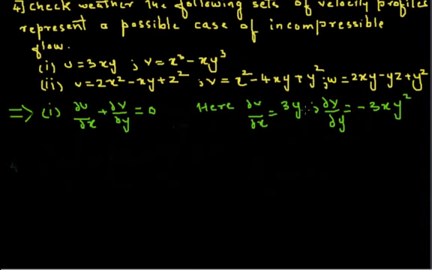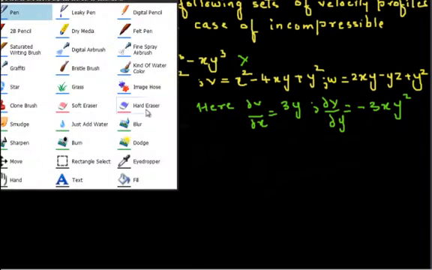So putting these values in this equation, we would get 3y minus 3xy square, and that definitely is not equal to 0, and therefore the velocity components of the first set do not represent a possible case of incompressible flow. So I will put a cross here. These do not represent a possible case. So we will find out the second set now.